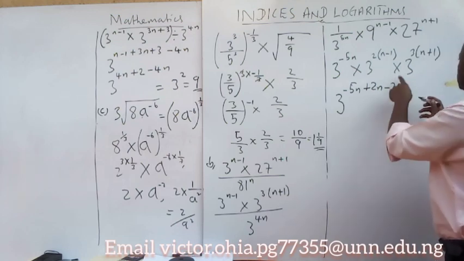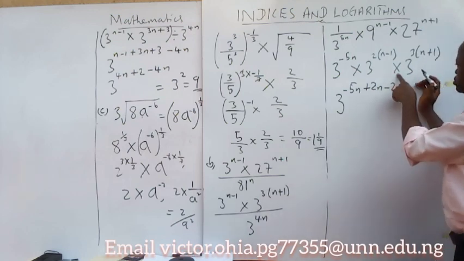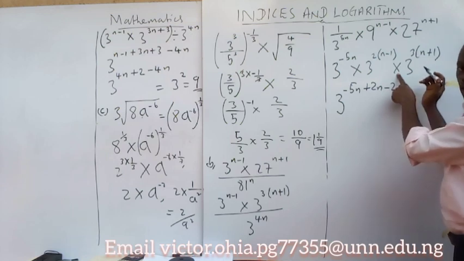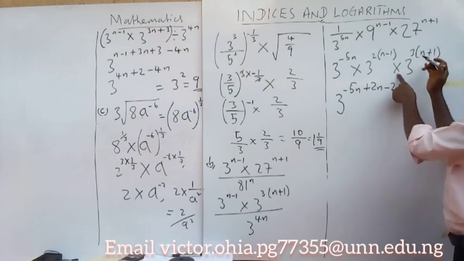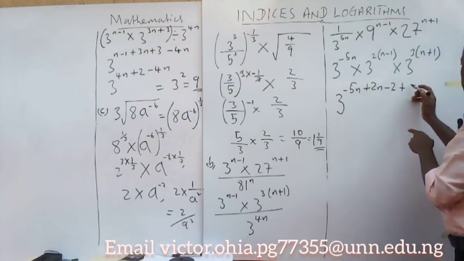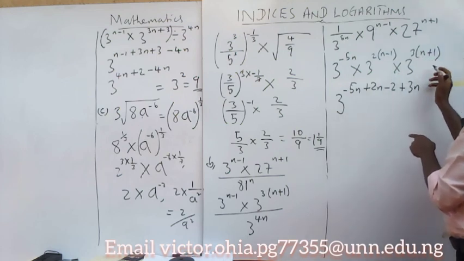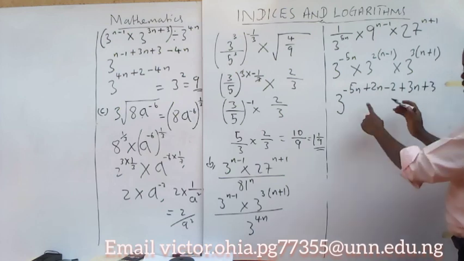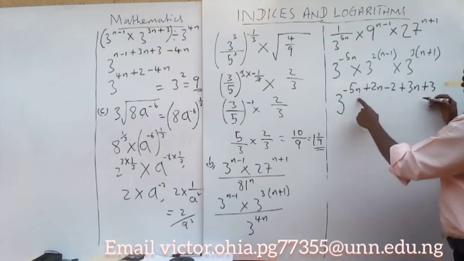Then plus again, because of this multiplication, we are going to add this. But before then, we try to open that bracket there. All right, so this will be 3n, then plus 3. So we can gather these powers now and check out what they are.